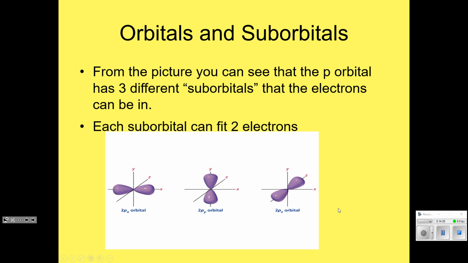It's important to note my second bullet point here. Each suborbital, so each of these separate rooms, can contain a maximum of 2 electrons in it. Electrons are negatively charged particles. If you have multiple negatively charged particles in the same area, they would repel each other. Recall that same charges repel.